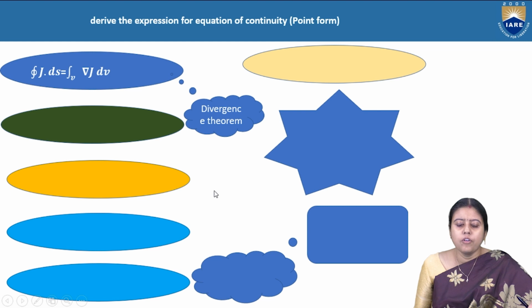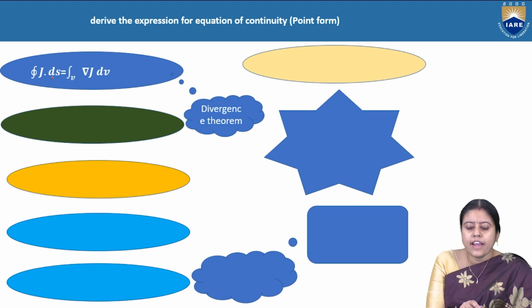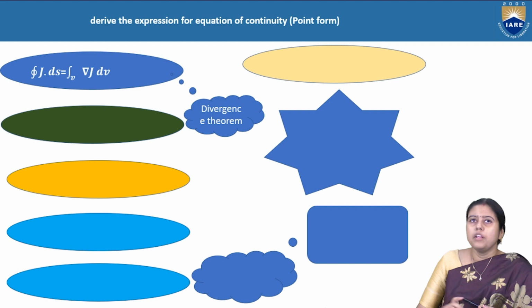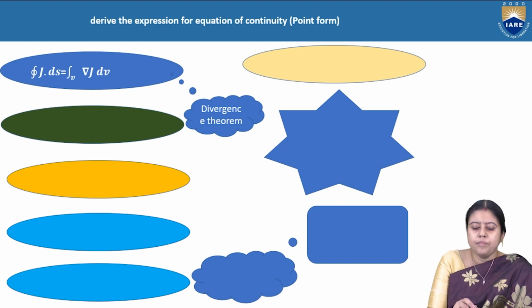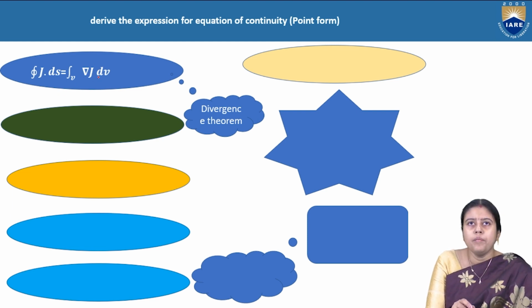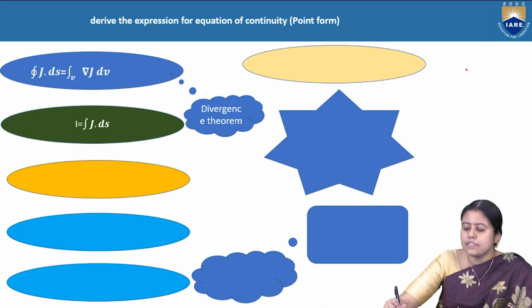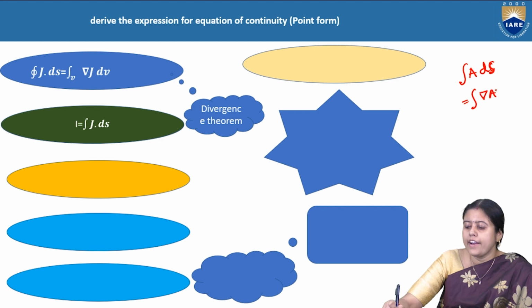So already we got J dot ds in a closed path. If we want to change it into the volume integral, it will be the integration of grad dot J dV over the volume. This is the divergence theorem. If we want to integrate A dot ds, it can be written as the integral of grad dot A dv.